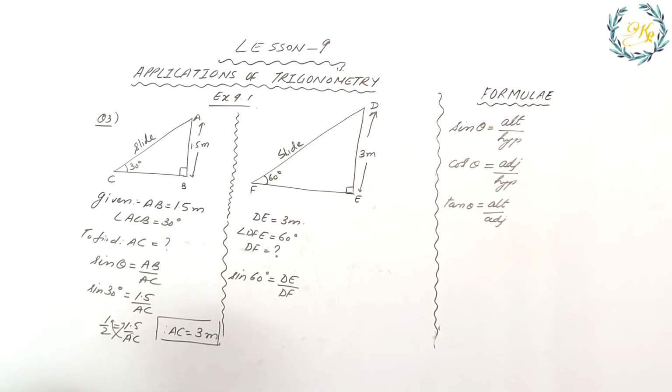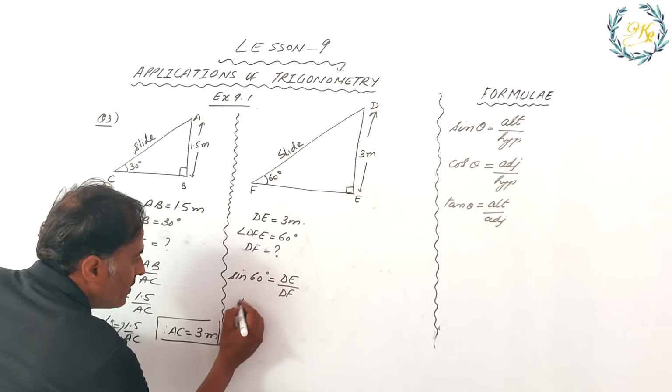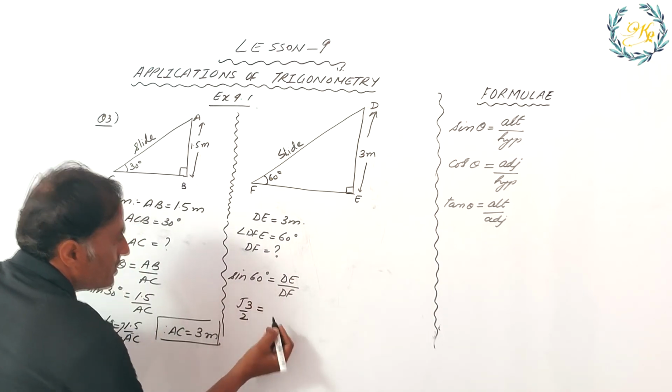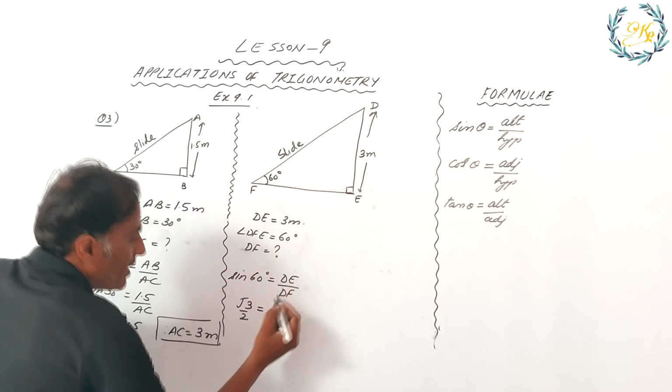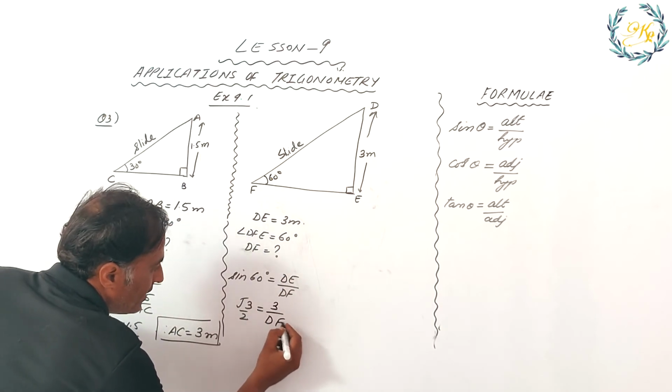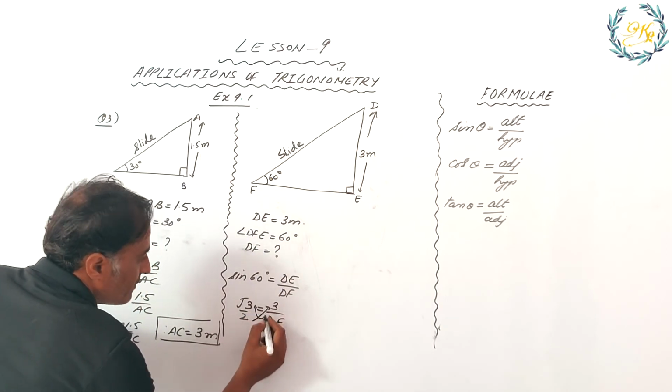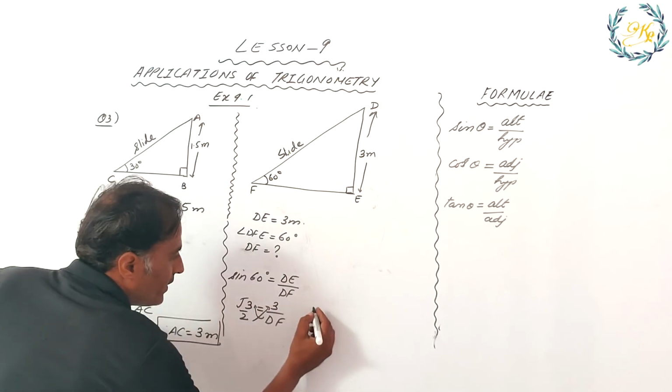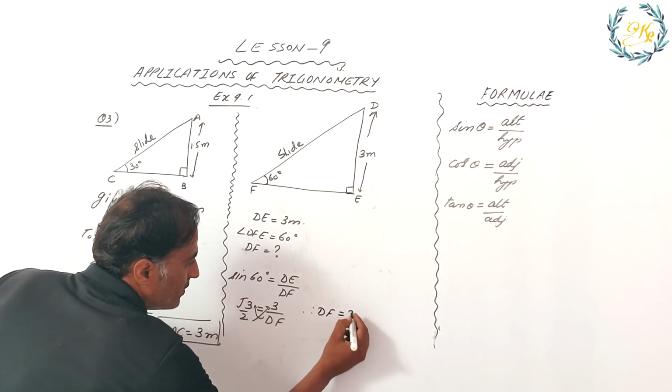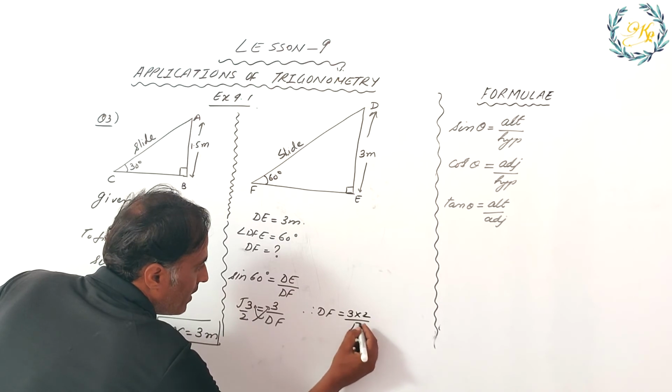Now replacing the value of sin 60, which is root 3 by 2, it is equal to DE, which is 3 meters, upon DF. Interchanging the places of the values, we get DF equal to 3 multiplied by 2 upon root 3.